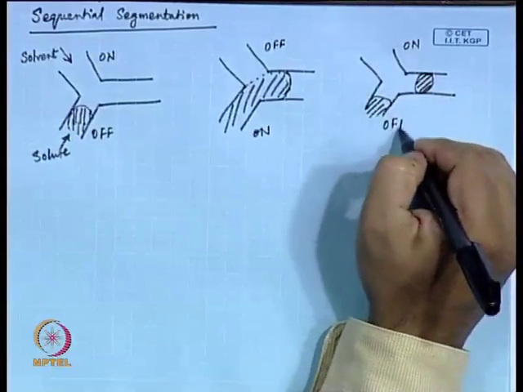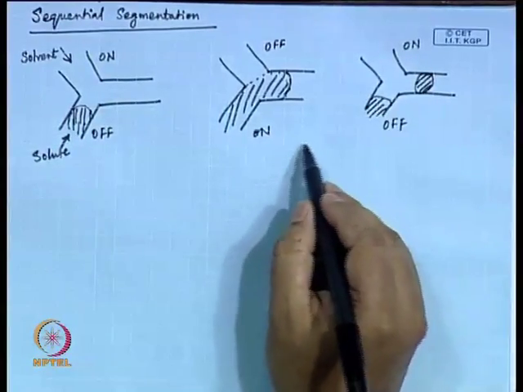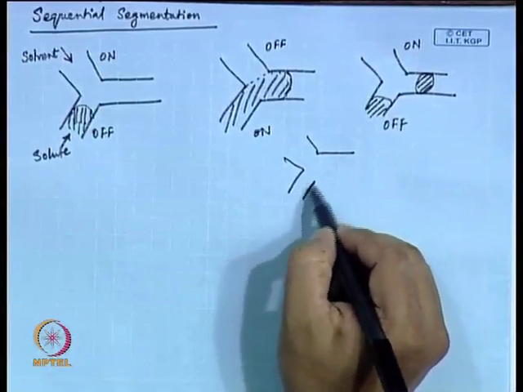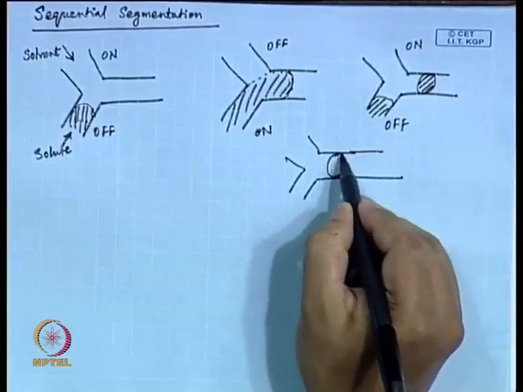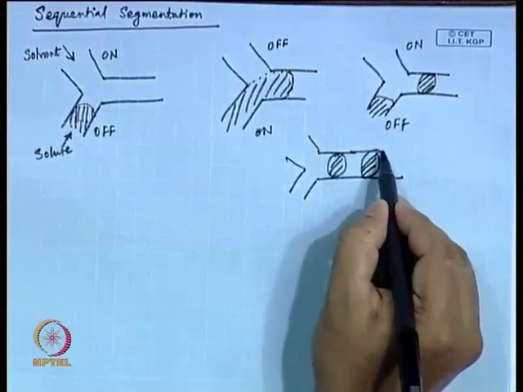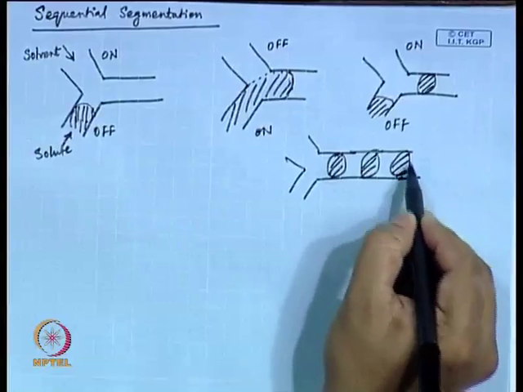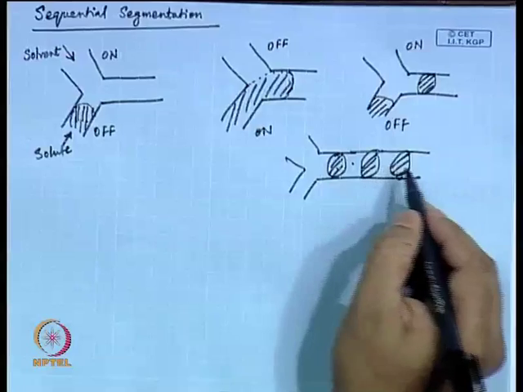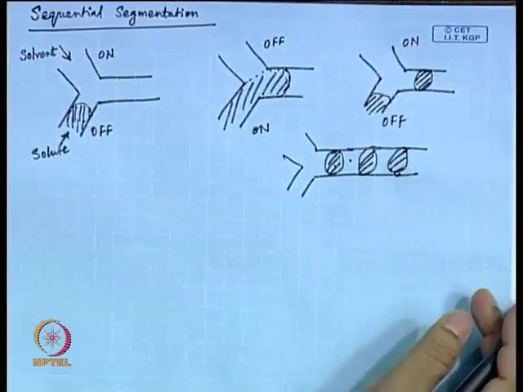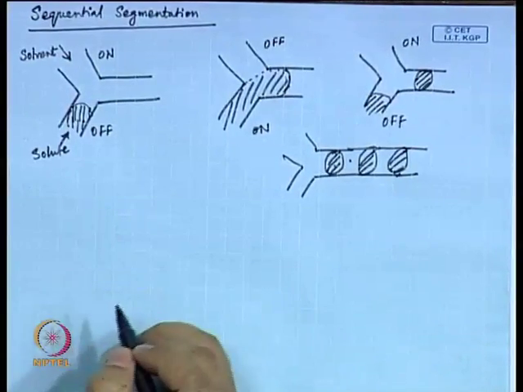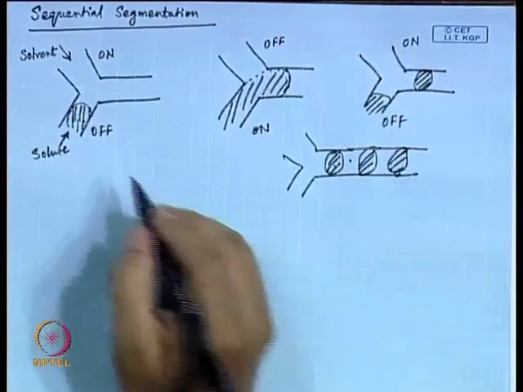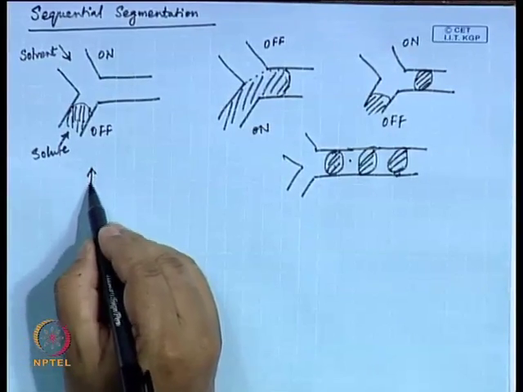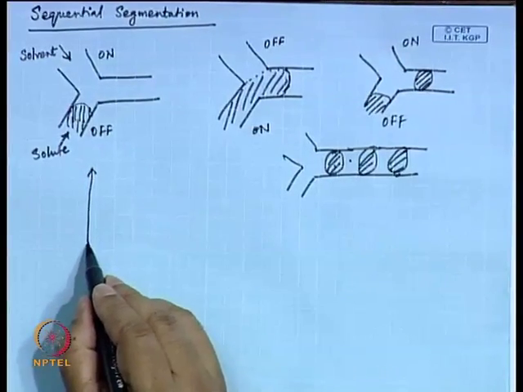So, if you have this on off arrangement, what you have at the end is like this, and here. So, this is solute and this is solvent, right. So, that is what you end up with. What we refer to here as sequential segmentation. If we try to plot the concentration versus time, what do we get here?